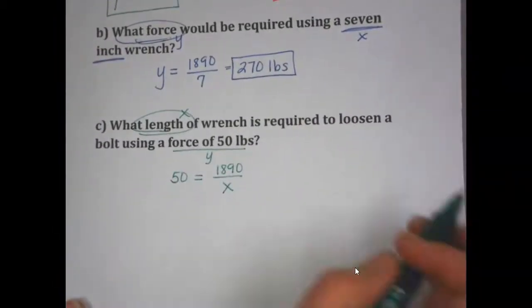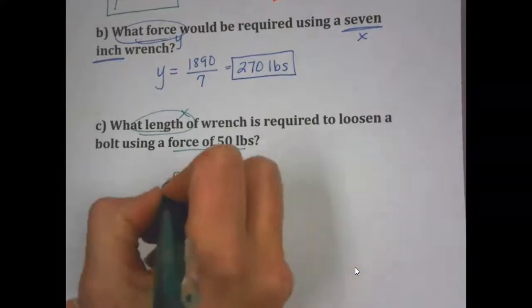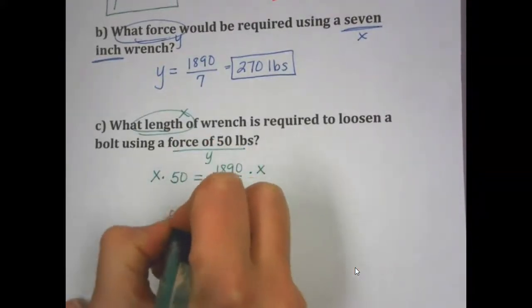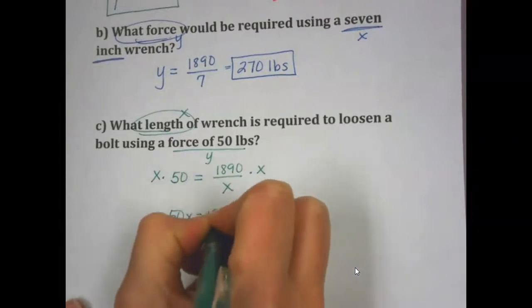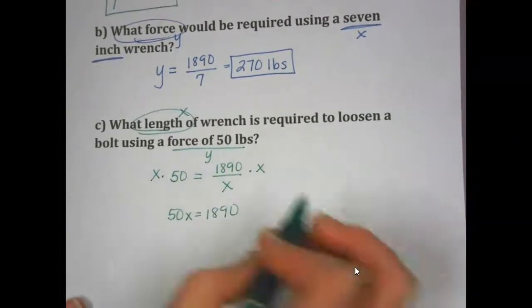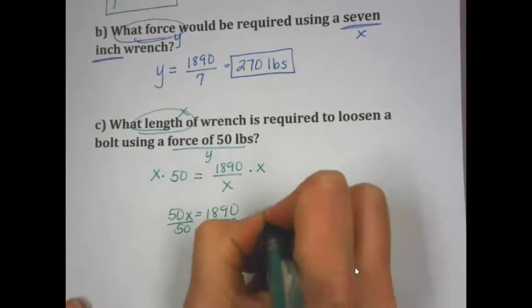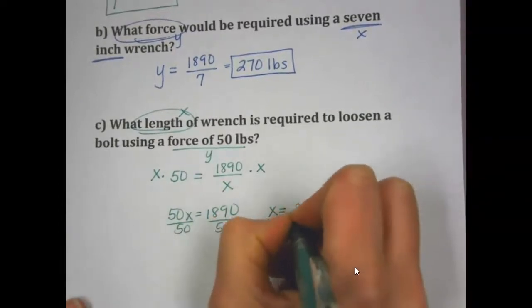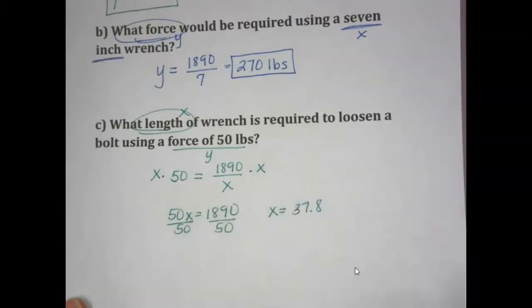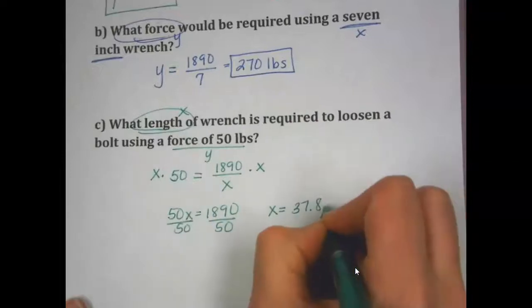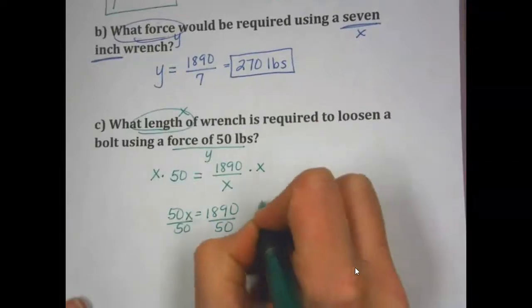So to solve for x, you have to multiply both sides by the denominator, just like we did on the previous problem. So we have 50x equals 1,890, and then we would divide both sides by 50. So x equals 37.8. What were we finding again? The length, and length is measured in inches, so 37.8 inches.